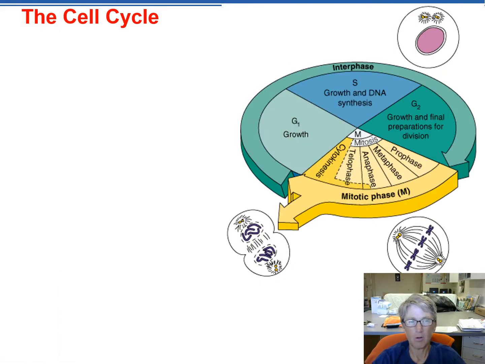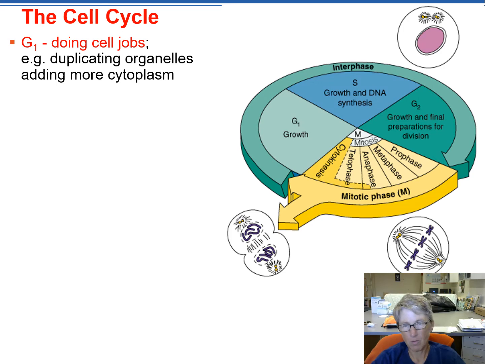Okay, here's our cartoon of the cell cycle. We've mentioned these, but in G1, you're a cell, you're just doing your job, being a cell. You're duplicating your organelles and adding more cytoplasm.